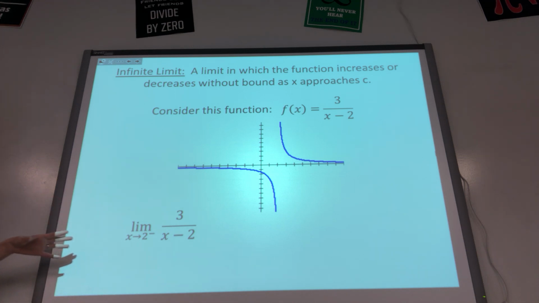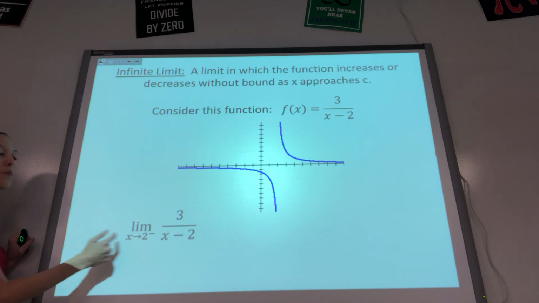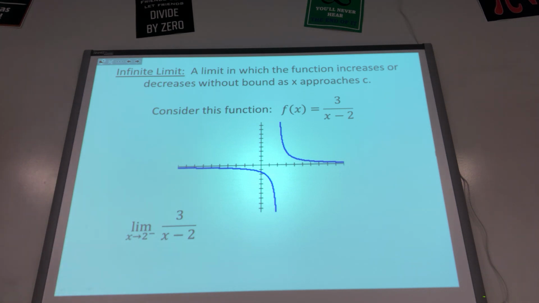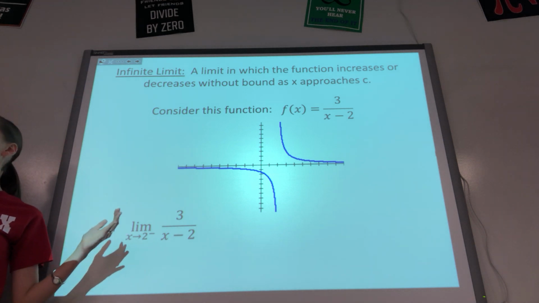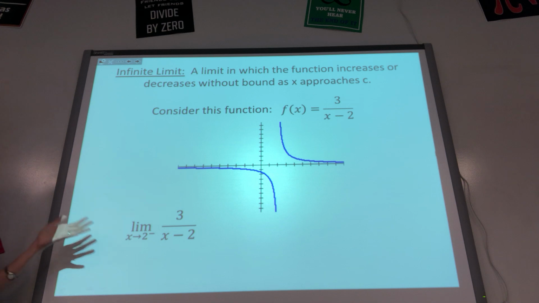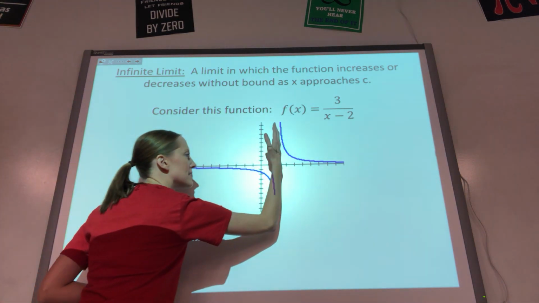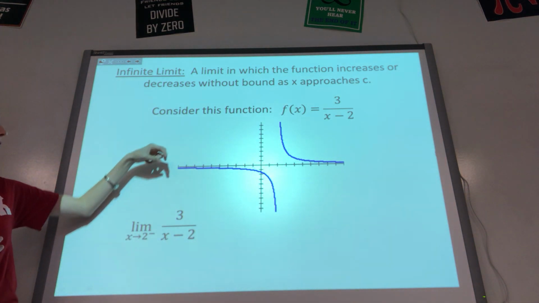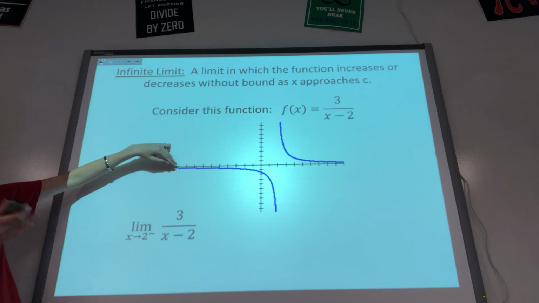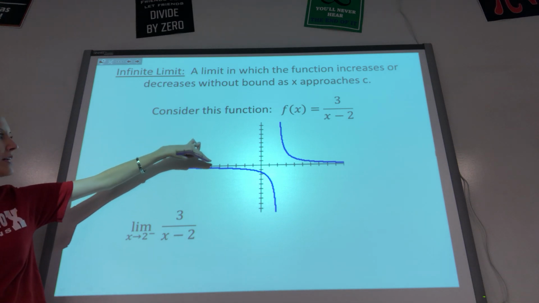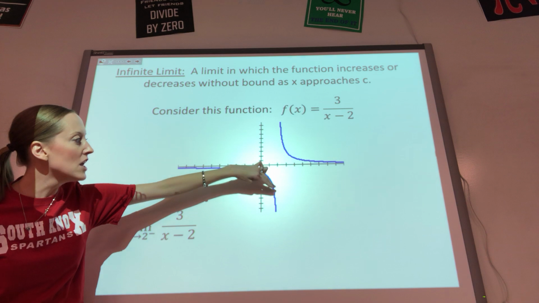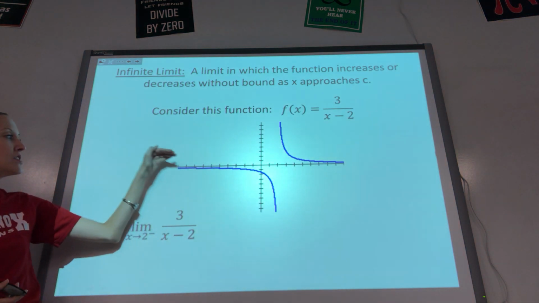The first limit that we're going to find is the limit as x approaches 2 only from the left of 3 over x minus 2. I want to know what I'm approaching as x approaches 2 from the left. So remember, this is where x is 2. If I get closer to 2, coming from the left-hand side, look at what your graph is doing.